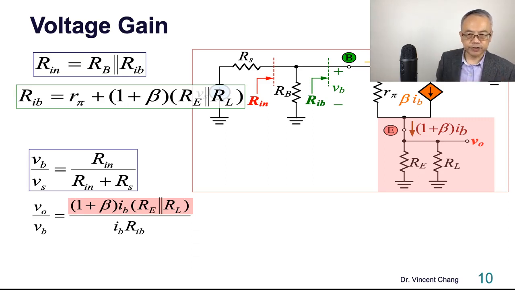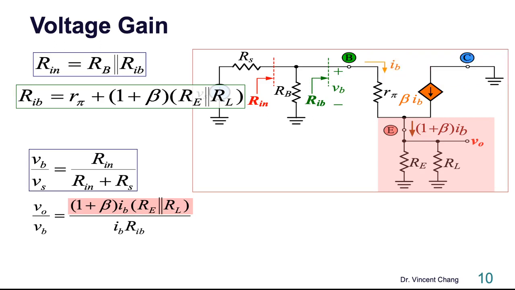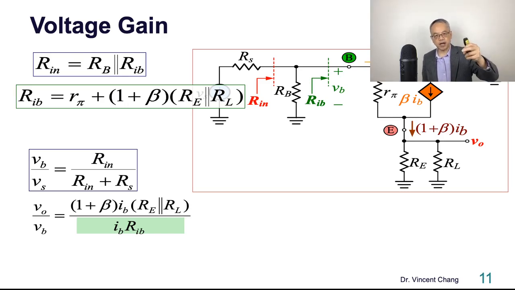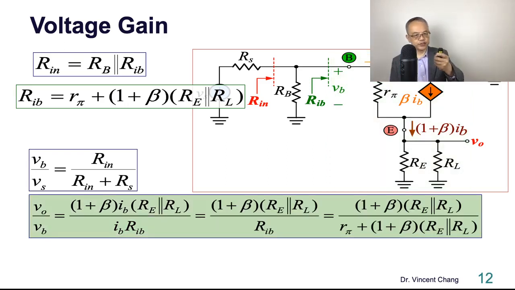And what about the denominator? The VB is the IB times the resistance between base and ground looking into base, which is IB times Rib. So IB can be canceled out. Then here's the answer.